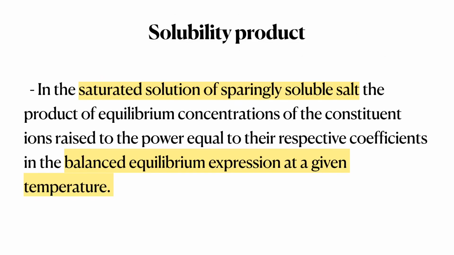In the saturated solution of sparingly soluble salt, the product of equilibrium concentrations of the constituent ions raised to the power equal to their respective coefficients in the balanced equilibrium expression at a given temperature. Remember, it is very important for you to write down the saturated solution of sparingly soluble salt, and we can write the solubility product only if the reaction is balanced.